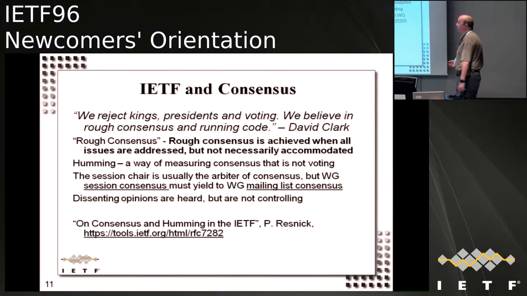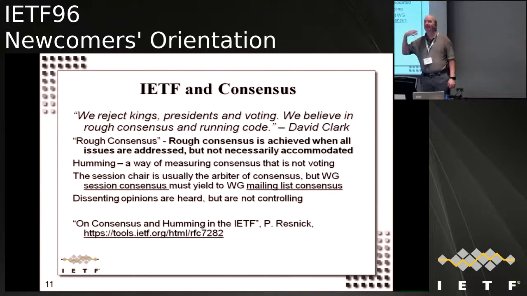All other issues are addressed, but they're not necessarily brought into the final solution. If you're ever sitting in a meeting or a working group here and you start hearing humming, it's not incipient feedback. That's a way of judging consensus.